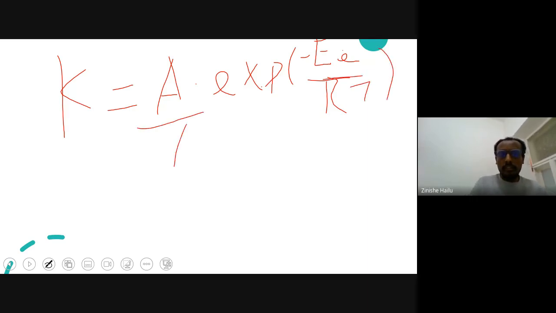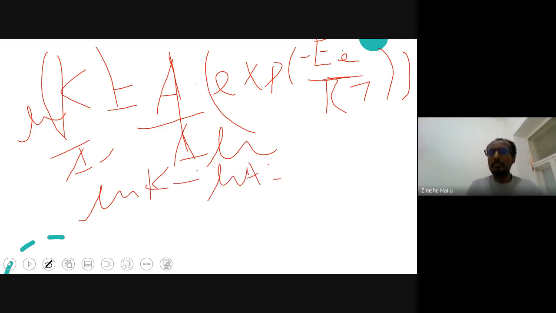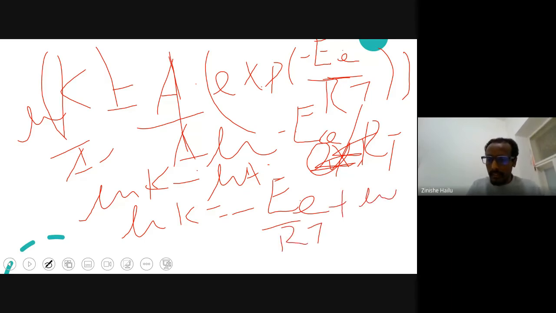If we take the logarithm of both sides, ln k minus ln A is equal to minus the activation energy over RT. So ln k is equal to minus the activation energy over RT plus ln A.